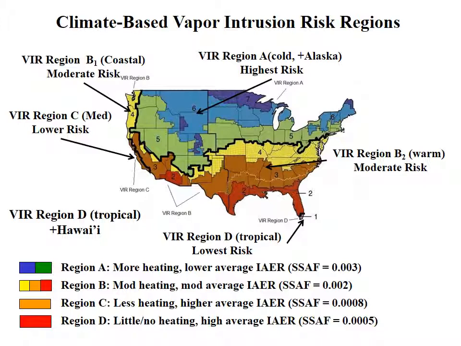As you can see at the bottom here, the default attenuation factors don't differ that much. We estimated a default attenuation factor for region A, the coldest area, of 0.003, or a 300-fold attenuation, whereas in the tropical region, region D, we estimate a default attenuation factor of 0.0005, or a 2,000-fold attenuation. So only about a difference of 6 or 7.